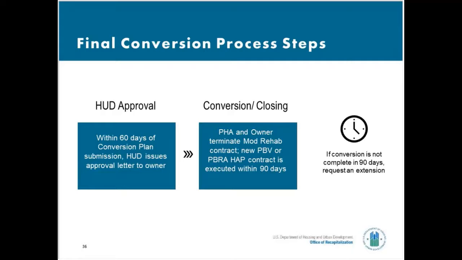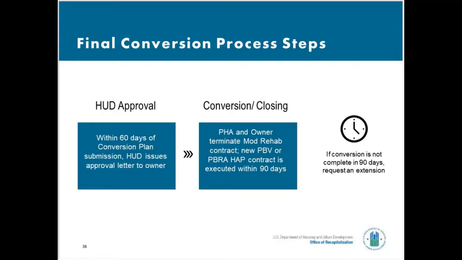If you're doing a PBRA, at that time, the account executive will start working with you to get funding in place, to get the vouchers in place, and will request that you submit information for your bank account or your bank to receive payments, do the 2530s and so forth to set up the PBRA contract.